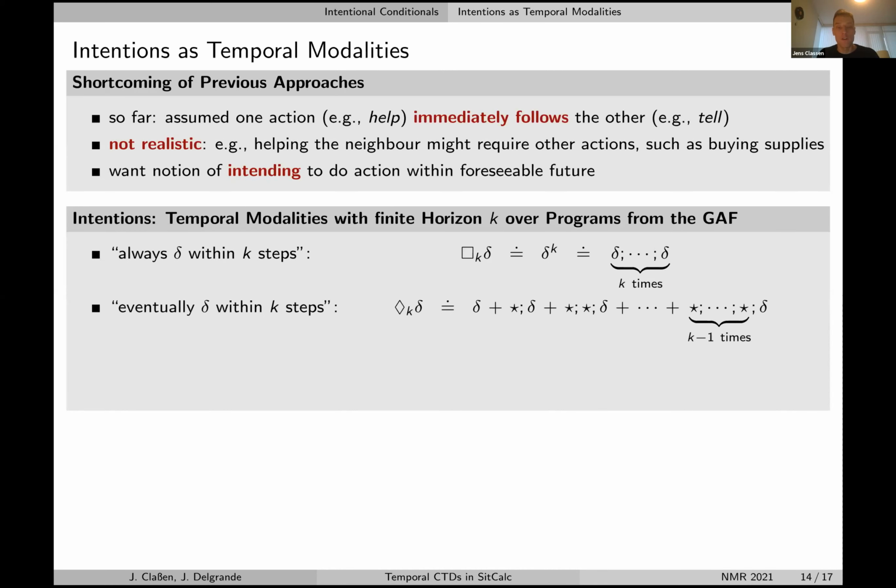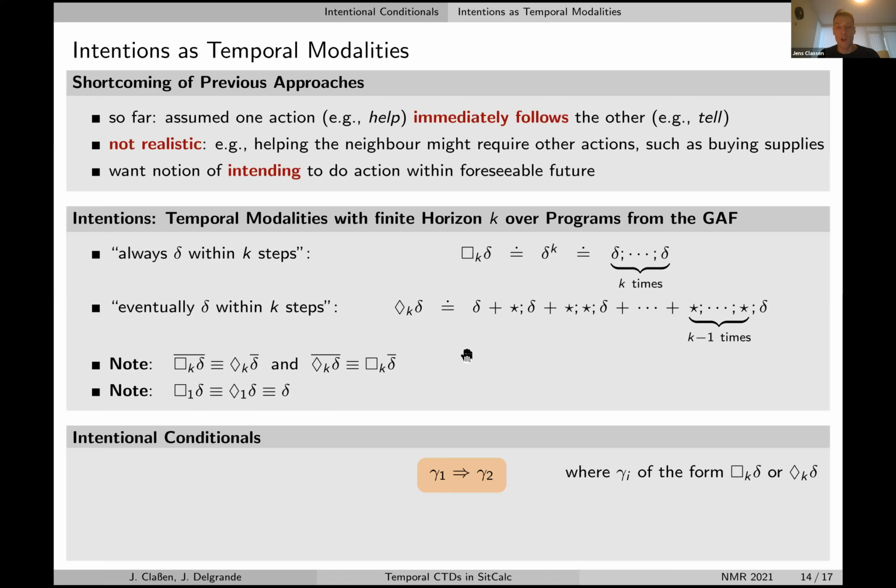And therefore, in this paper, we propose to use a very simple notion of intention where we apply these temporal operators to programs from the guarded action fragment. Basically we're saying within the next k steps, do delta, or always throughout the next k steps, do delta. And so these two are indeed dual to one another.